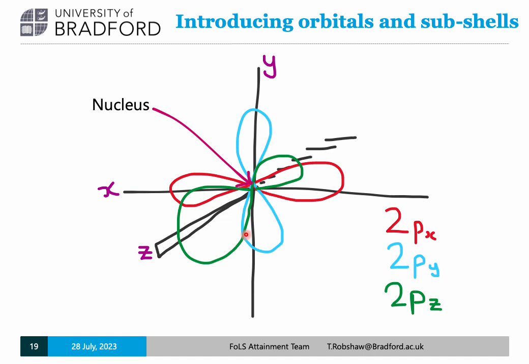When you look at these coordinates, you have to try and imagine that the z-axis is coming out of the screen towards you and simultaneously going away from you. So it's like this. We represent that with a wedge line going forward and a dashed line going backwards. We call each orbital 2px, 2py and 2pz respectively. And that's our second period done.